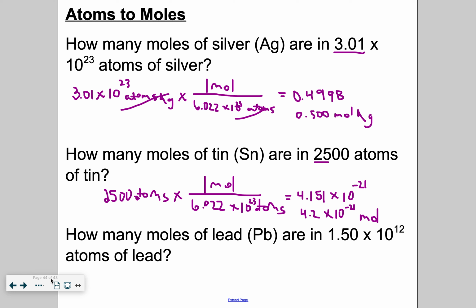Okay, how many moles of lead are in 1.50 times 10 to the 12th atoms of lead? So 1.50 times 10 to the 12th. That's a times sign, not a plus. Atoms.